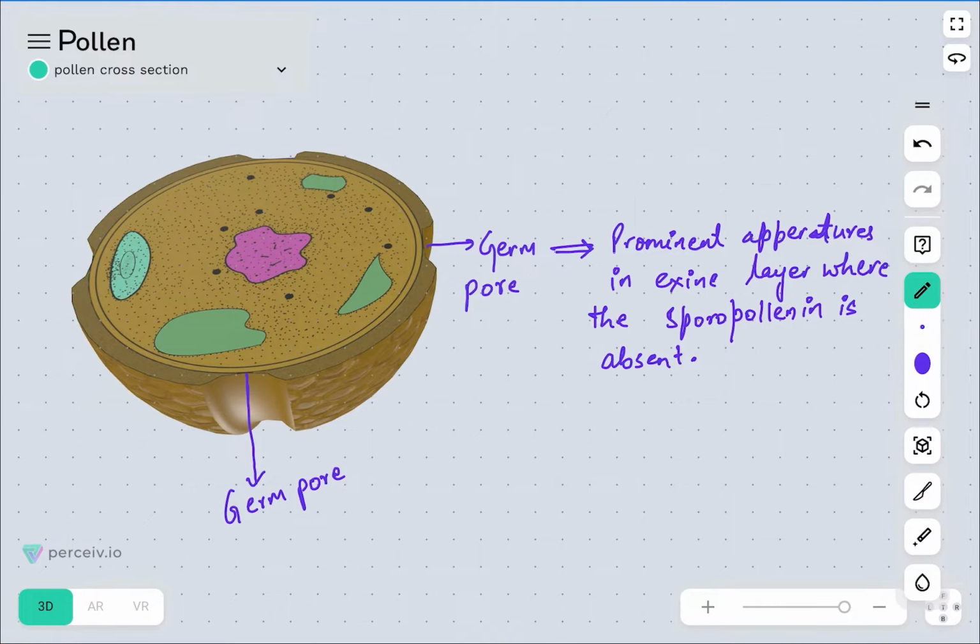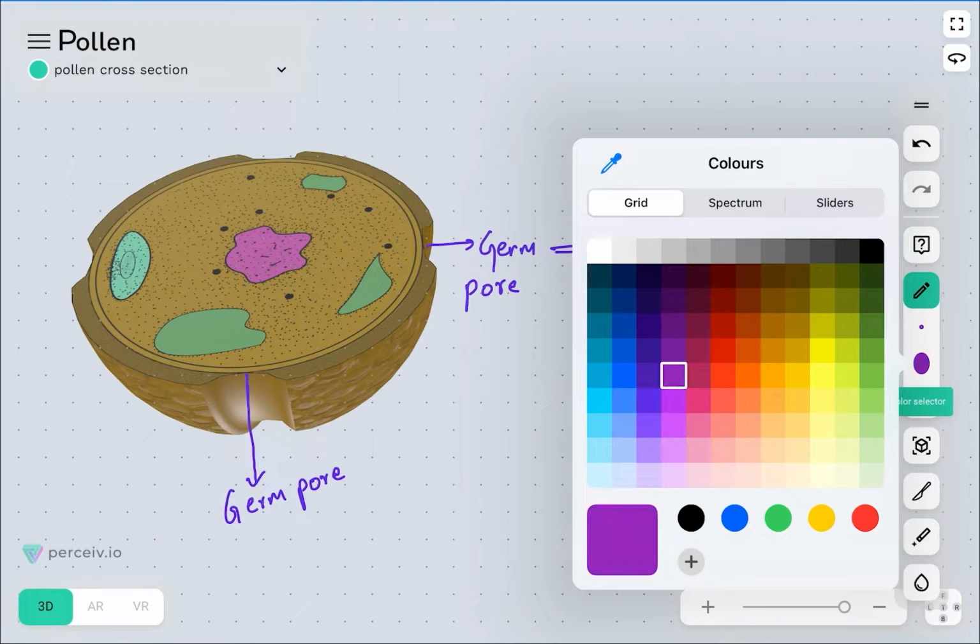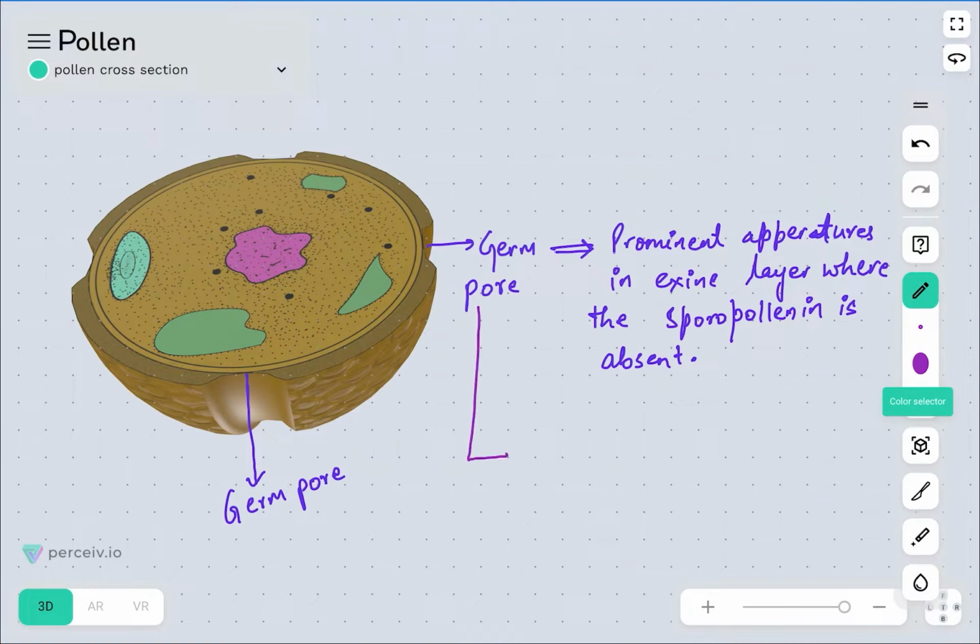If the sporopollenin had been continuous, since it is very resistant, it would not allow proper space for the pollen tube to emerge from the generative cell.